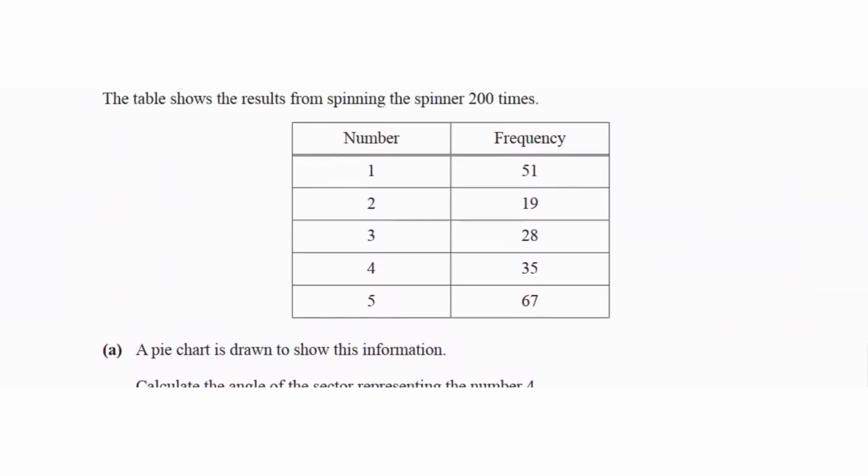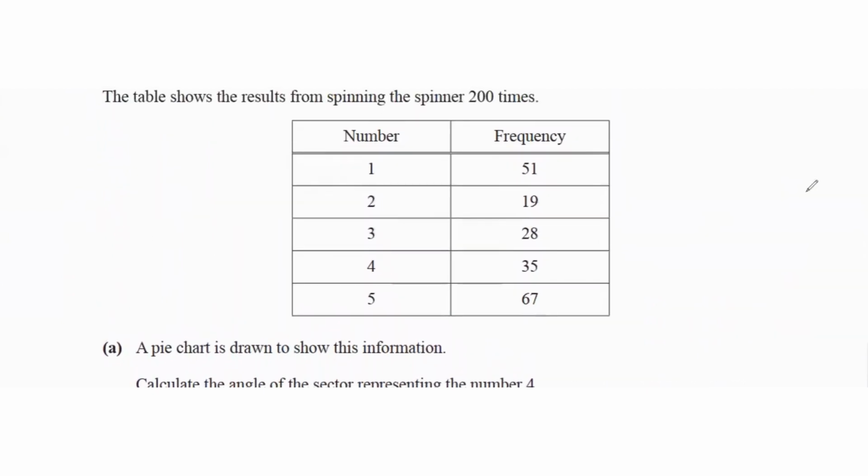So for number 4, we will divide the frequency of 4, which is 35, by the total frequency, which is 200, and multiply the fraction by 360. Since we're trying to find the angle in a pie chart, a full pie chart has an angle of 360.